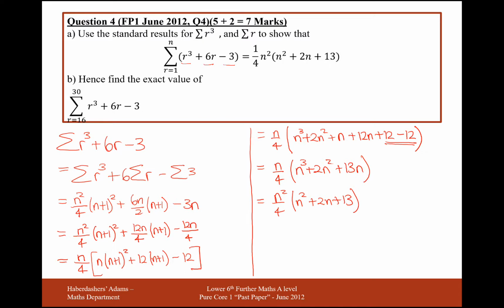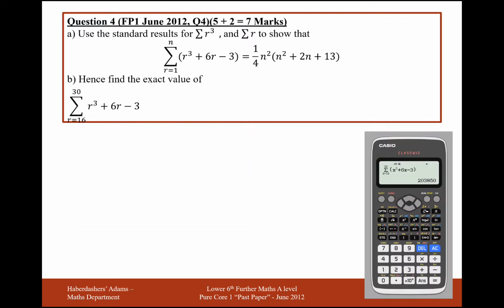Let's move on to part B. It's a summation from 16 up to 30 of r cubed plus 6r minus 3. And in fact, you can do the majority of this on your calculator. So what you need to do is turn your calculator on and hit shift and then the top right hand button underneath on. So it's a yellow summation series.